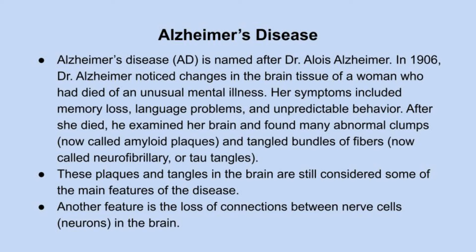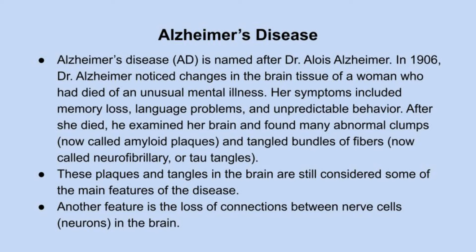So Alzheimer's disease, of course, is named after Dr. Alzheimer. In 1906, he noticed changes in the brain tissue of a woman who had died of an unusual mental illness. Now, her symptoms included memory loss, language problems, and unpredictable behavior. After she died, he examined her brain and he found many abnormal clumps.